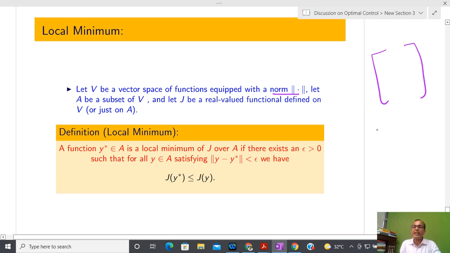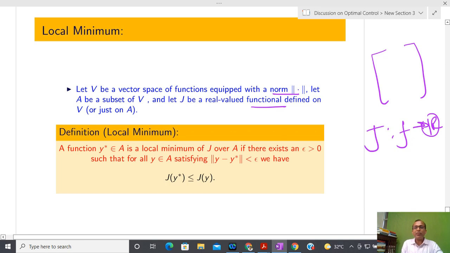I have already told you that I am going to consider the zero norm or one norm, and I have defined the meaning of zero norm and one norm in function space. After that I have defined some kind of transformation, where in function space I have J, and if that is a function, then it is mapped back to some kind of real number. So functional, now I am able to compare this real number.